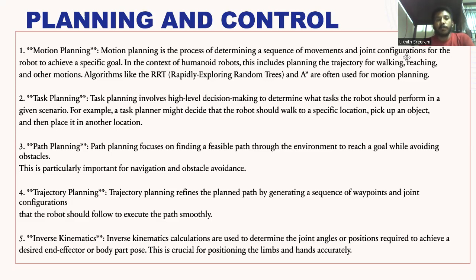So, by using the path planning operation, it can easily identify the obstacle within a certain limit of view, and it can change its path by using the A star or AO star algorithm.